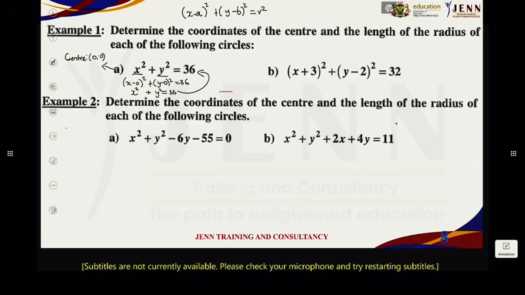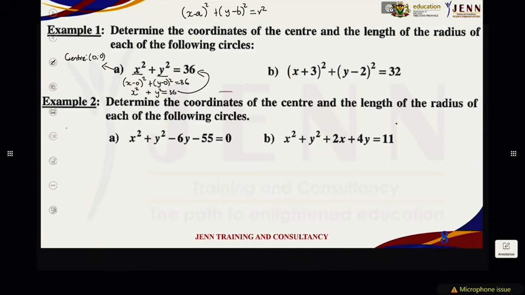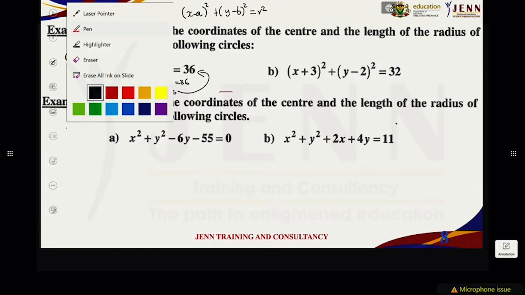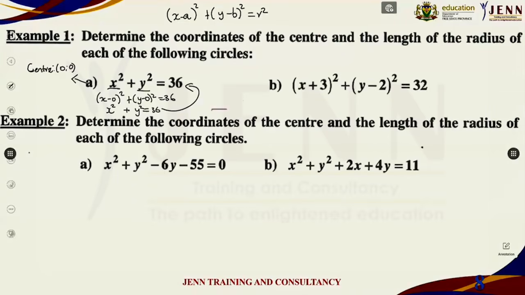Then the radius of the circle: 36 is r squared. R squared equals 36. Then r is our radius.